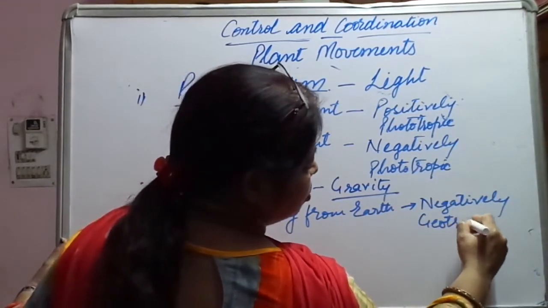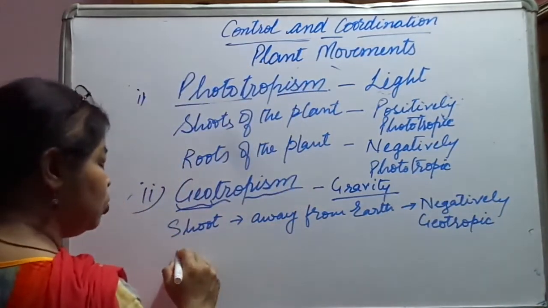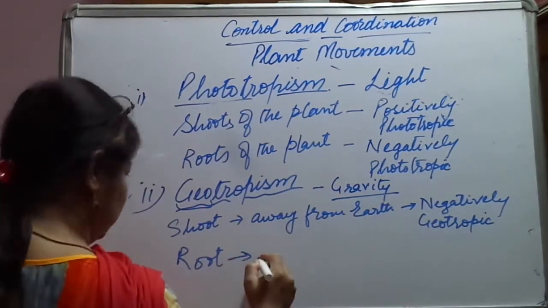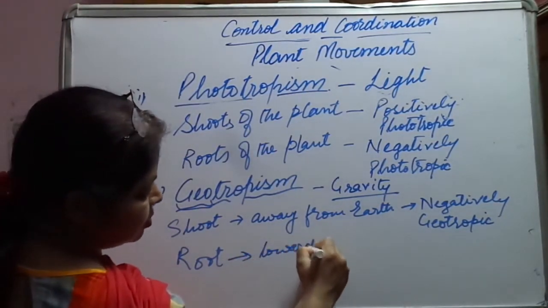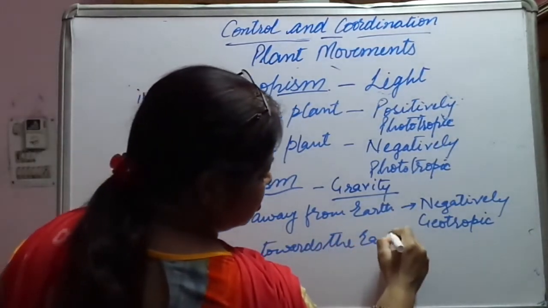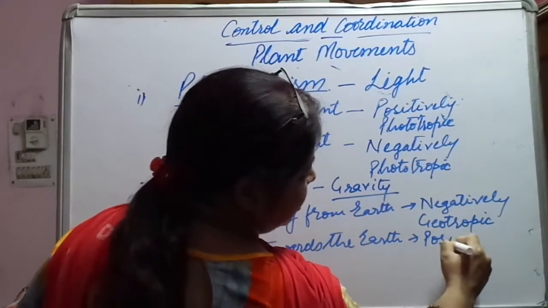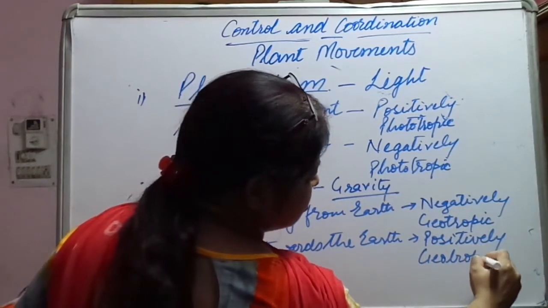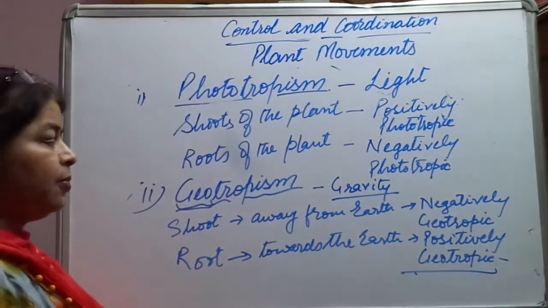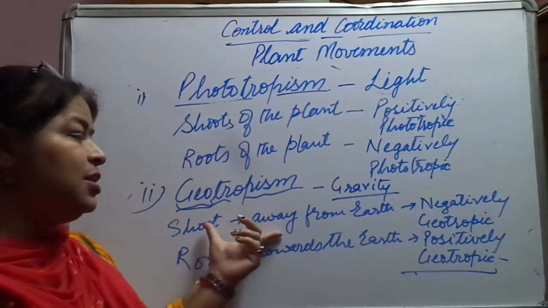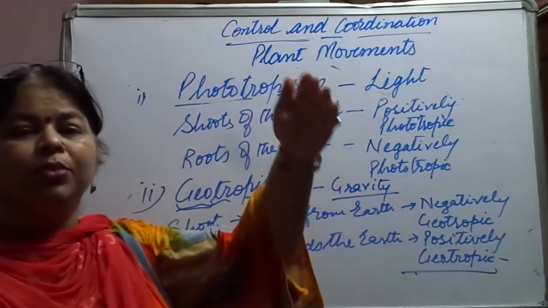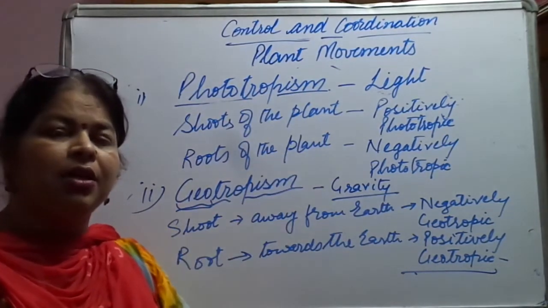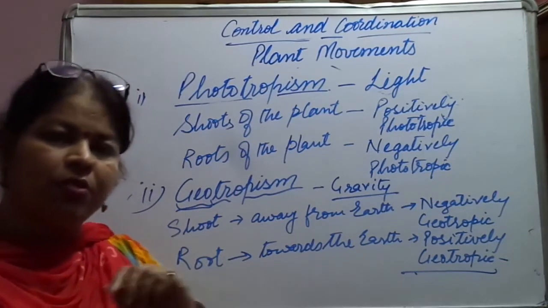And the root is growing towards the earth, so it is positively geotropic. Okay, I hope it is clear to everyone. The shoot is growing away from the earth's gravity, so we say it is negatively geotropic. But the root is growing towards the earth's gravity, so it is positively geotropic.